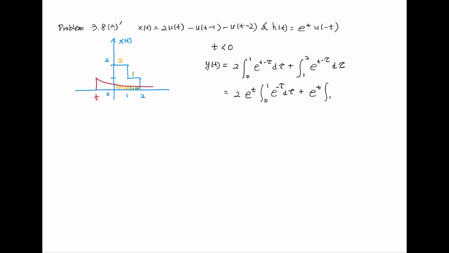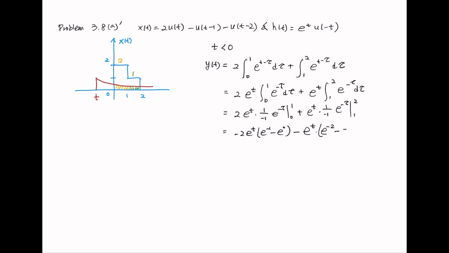Similar way, we're going to take out e to the t in the front, integral 1 to 2 e to the negative tau d tau. And 2 times e to the t times 1 over negative 1 e to the negative tau, going from 0 to 1, plus e to the t times 1 over negative 1 e to the negative tau, going from 1 to 2. And that is negative 2 e to the t times e to the negative 1 minus e to the 0, minus e to the t times e to the negative 2 minus e to the negative 1.